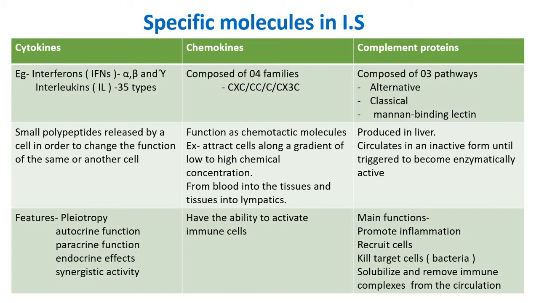These complement proteins are produced in the liver and they circulate in an inactive form until triggered to become enzymatically active. The main functions of complement proteins are to promote inflammation, recruit cells, kill target cells like bacteria, and solubilize and remove immune complexes from the circulation.